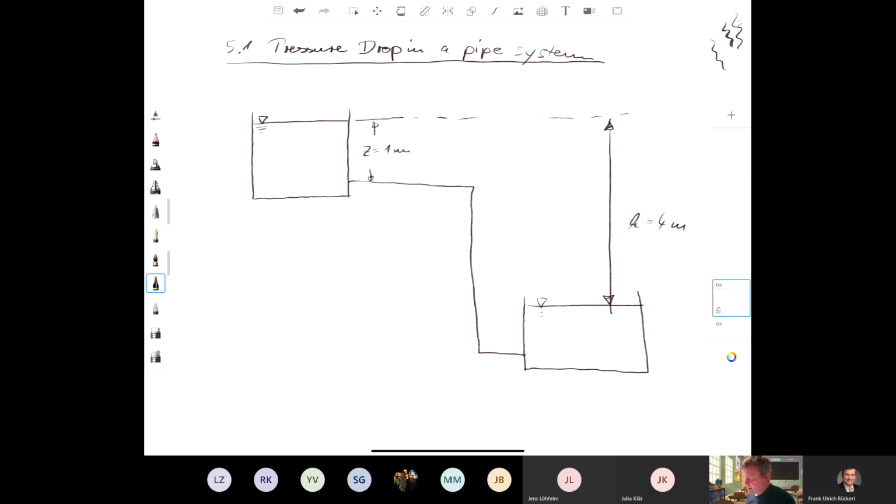Okay, and now we want to calculate the velocity, the velocity C1 at which the water flows here into the vessel. So this is basin 1. This is 2.